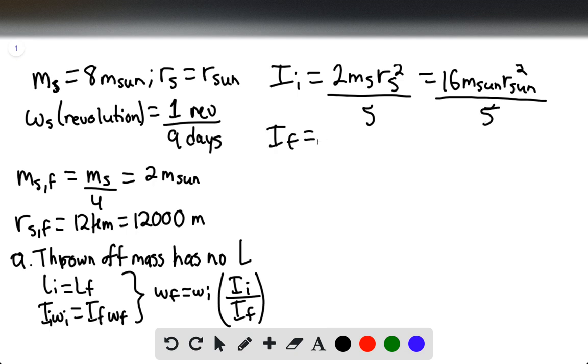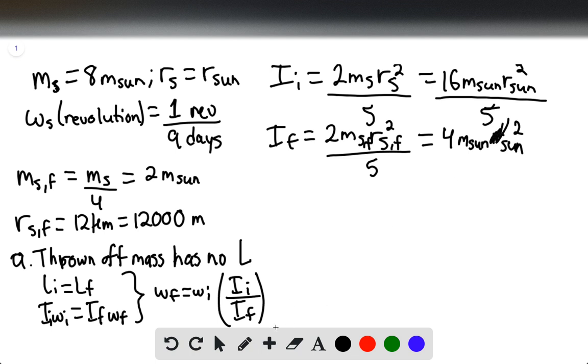I final is going to be equal to 2 times the mass of the star times the radius of the star final squared over 5, or 4 mass of the sun, and sorry, this is not the radius of the sun squared anymore. This would actually become 12,000 squared, divided by 5, once again.